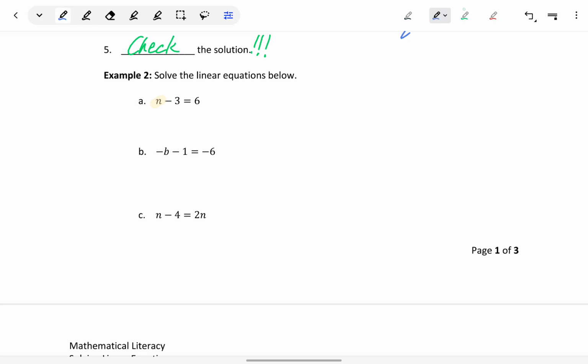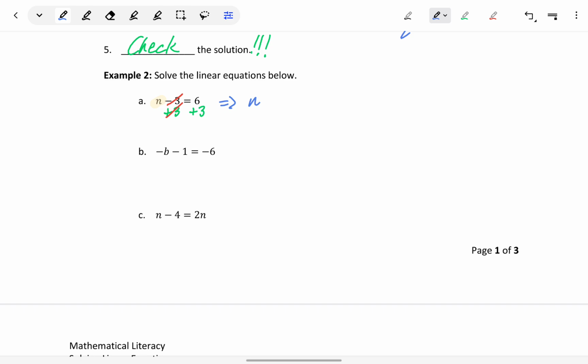But we do need to move a constant term to the other side of the equation. Since we have n minus 3, what we're going to do is add 3 to both sides of the equation. Then on the left-hand side, positive 3 and minus 3 will cancel each other out.